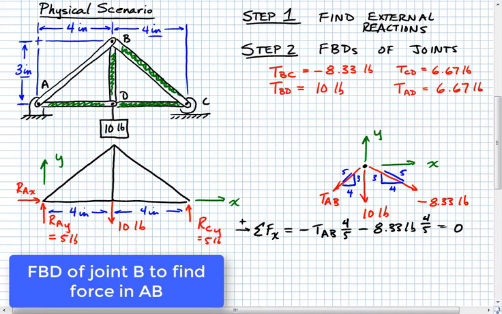And what we'll notice here is, due to the symmetry of this whole thing, these actually can just divide out, and we'll notice that TAB is actually exactly equal to TBC. All right, so TAB then is also equal to negative 8.33 pounds, which is good, because we really hoped it was going to show up that way.